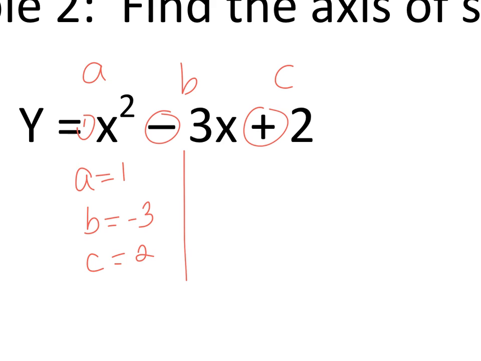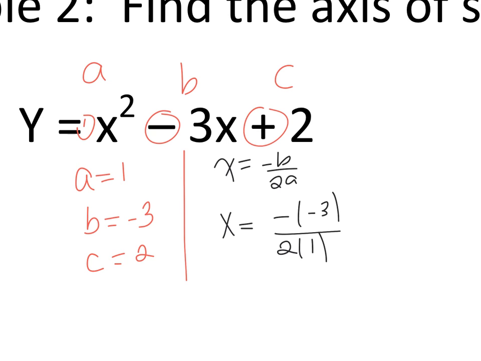Our axis of symmetry formula is x equals negative b over 2a. We get x equals negative of negative 3 over 2 times 1.